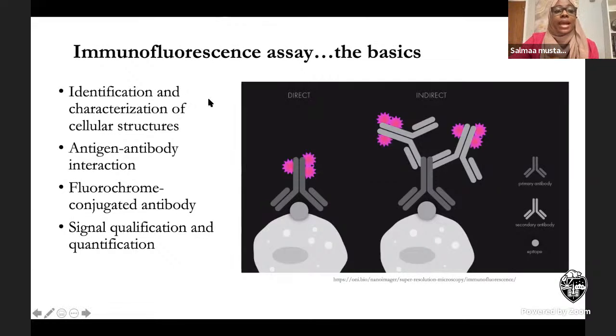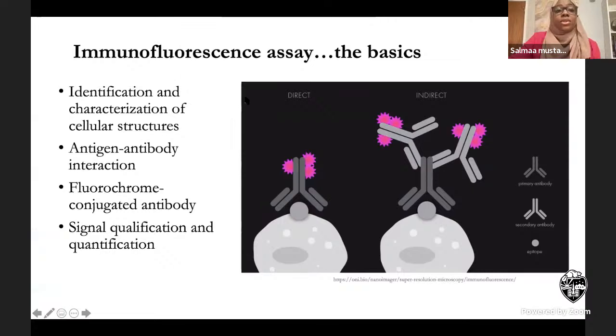So basically, you identify and characterize the different structures that are either within the cell or on the plasma membrane, or within the nucleus. So you can use IFA to qualify and quantify different structures of protein expression in a cell. And like I mentioned before, it's antigen-antibody interaction. It's just a basic step, okay?